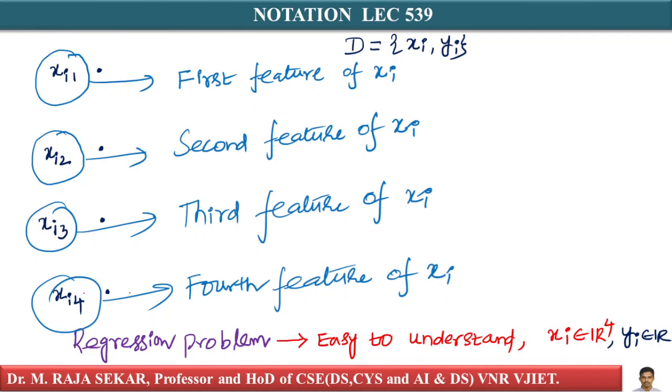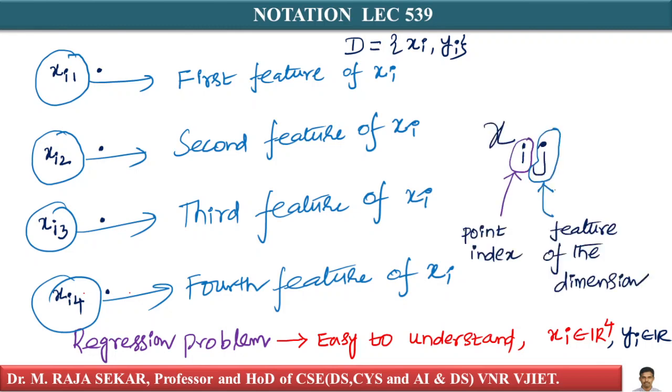So this is how I represent each of these features, xij, where i is the point index. Which point is it? i is the point index. xij means the ith point. j is the feature, the feature or dimension, I can say.